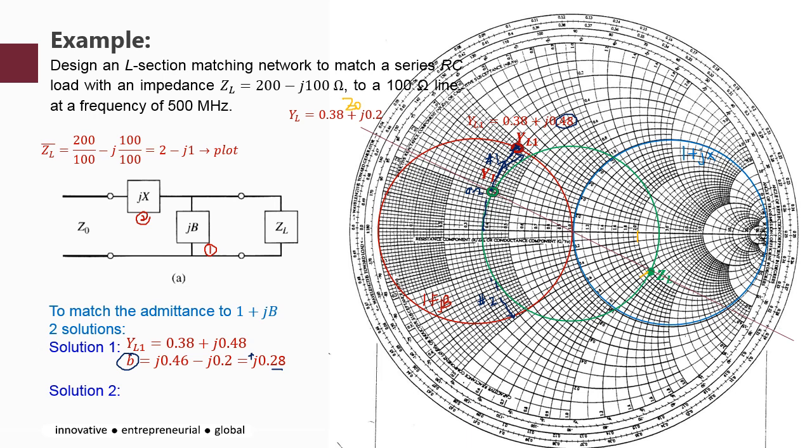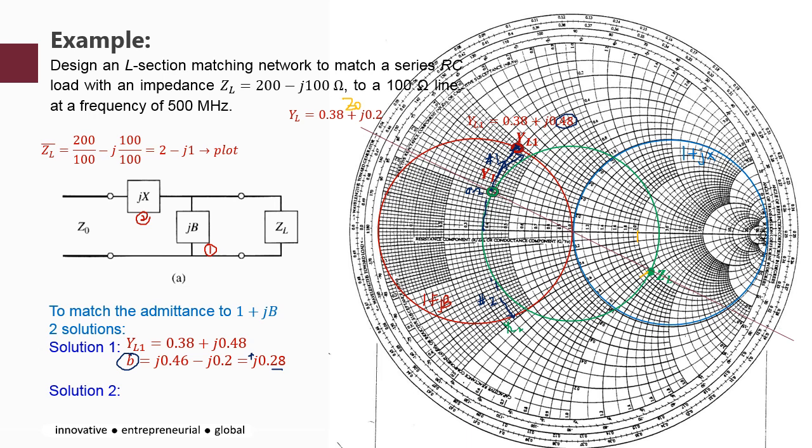The next possible solution is to move YL downwards, so YL2 is down here. When it is moving downwards, the j will obviously be negative, so the movement is in the negative direction.